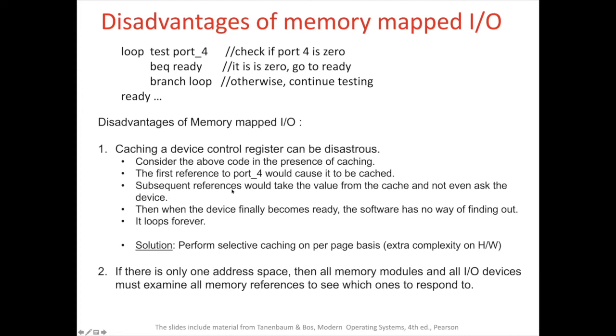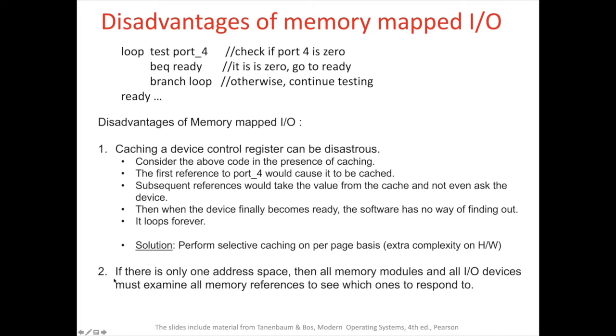Subsequent references would take the value from the cache and not even ask the device. Then, when the device finally becomes ready, the software has no way of finding out. It loops forever. The solution is to perform selective caching on a per page basis. So this requires extra complexity in hardware.